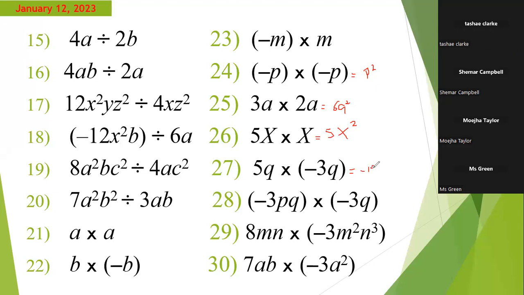Say that again, Ms. Shea. Negative 15Q. Notice that we have a Q squared. Negative 15Q squared. Correct. All right, so negative 15Q squared.